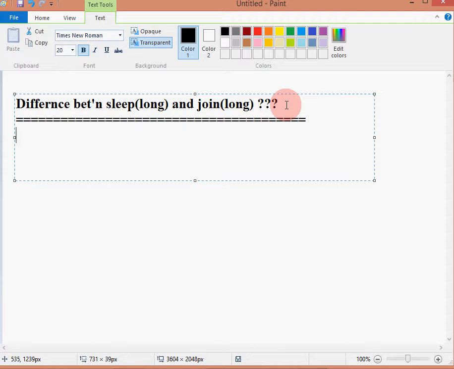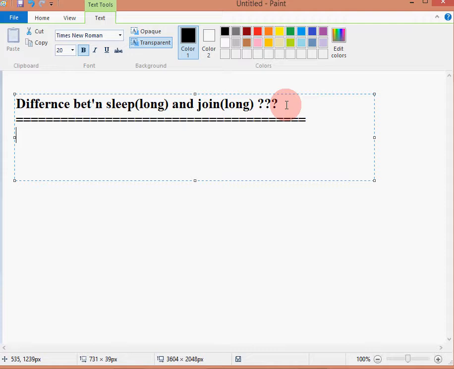Okay. But if you write the join(long) method, it also pauses the execution depending on the other thread's execution for the given time period. It pauses the thread execution only for the given time period of that other thread's execution. If the other thread is executed before the given time period, it comes and executes immediately.